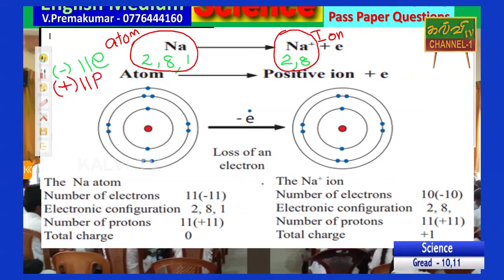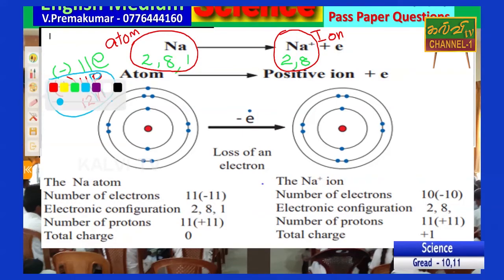And neutrons, 12 neutrons available. We must remember that the protons and neutrons, which are in the nucleus, do not easily change when you compare with the ion.